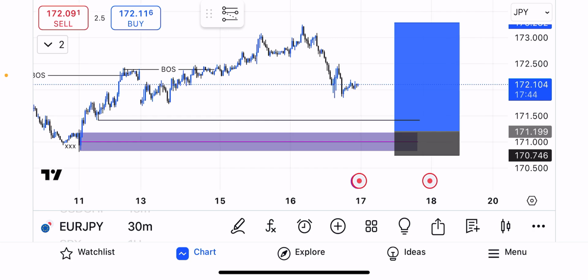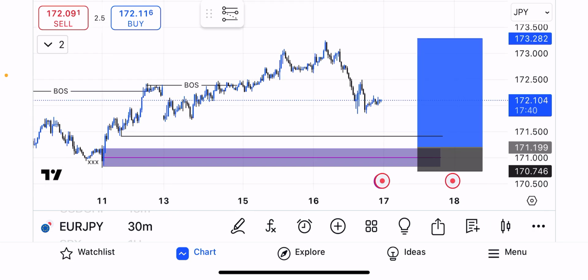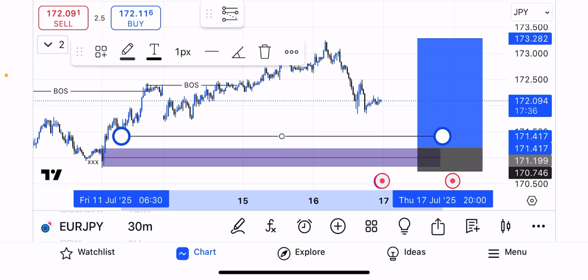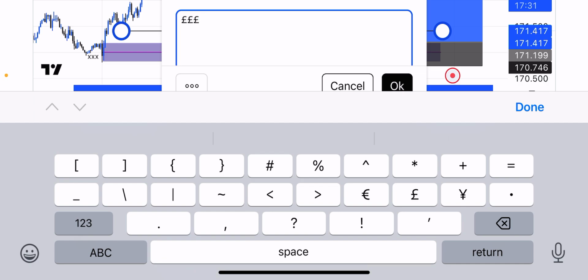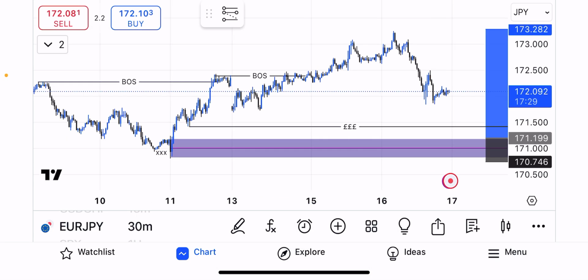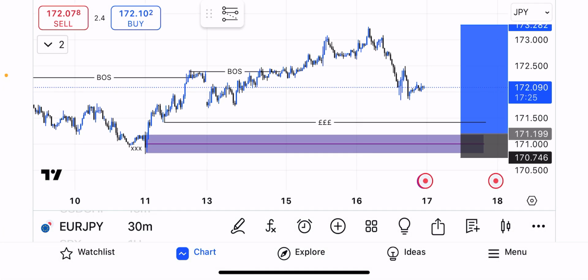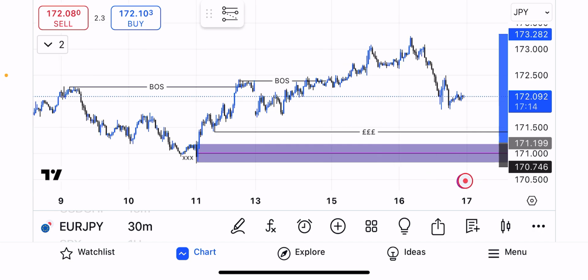That means what's drawing price to this block here is this structural liquidity, right? Let me indicate it. This is the liquidity that price had already set out. Good. So now we are anticipating for price to come take out your structural liquidity, tap into your order block, and reverse to the upside, right?